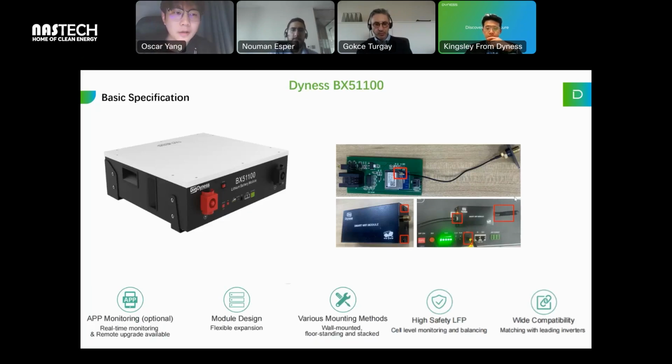You mean like software? When you connect, the system will be self-aware that there is a Wi-Fi. The BMS will automatically detect it. After you connect the BMS with the Wi-Fi dongle and you download the Dyness application from Google Play Store or App Store, it will be automatically activated.